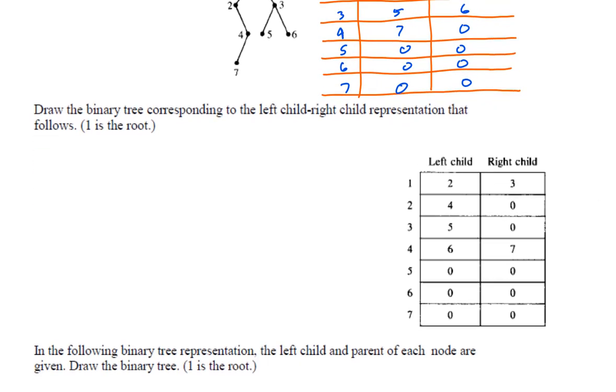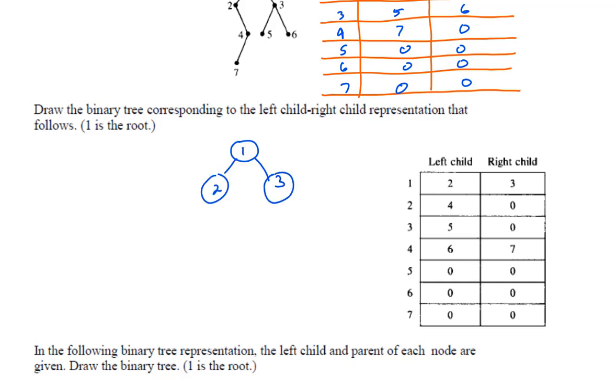So let's see this example. You could stop the video and attempt it yourself. Draw the binary tree corresponding to the left child, right child representation. Here what we have is the array, and we need the tree. And what we need is the graph.